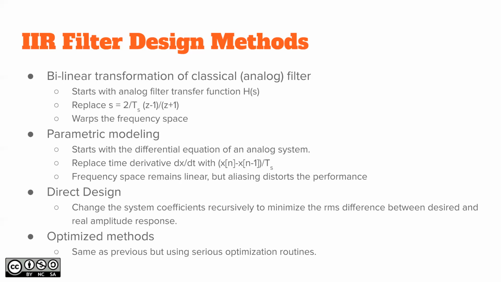IIR filter design methods: there is the so-called bilinear transformation, which starts from the analog filter model. It has this transfer function H of s, and there you replace s with 2 divided by the sampling time, or 2 times the sample rate, times z minus 1 divided by z plus 1. Okay, simple. And yes, there are some pre-written functions to do it.